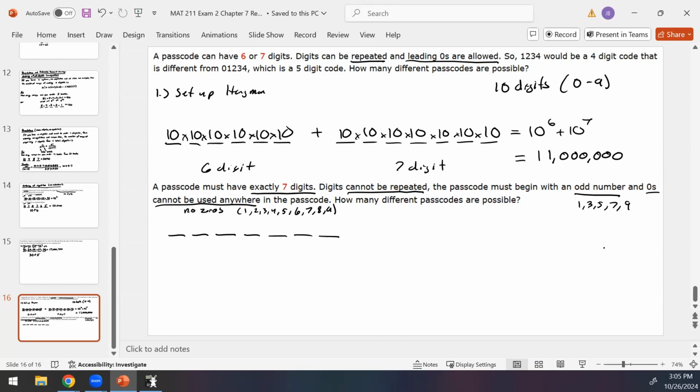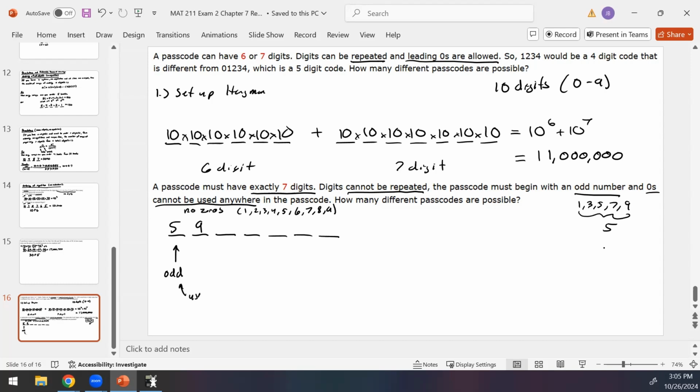Okay. So it says the passcode must begin with an odd number. So this one right here has to be odd. So how many options do I have? I have 5. So then I do 5. But, okay, now it used to be 10 because I had 10 digits, but they said no 0. So now I have 9, right? Except you have to remember, it would have been 9, but we used an odd number already.